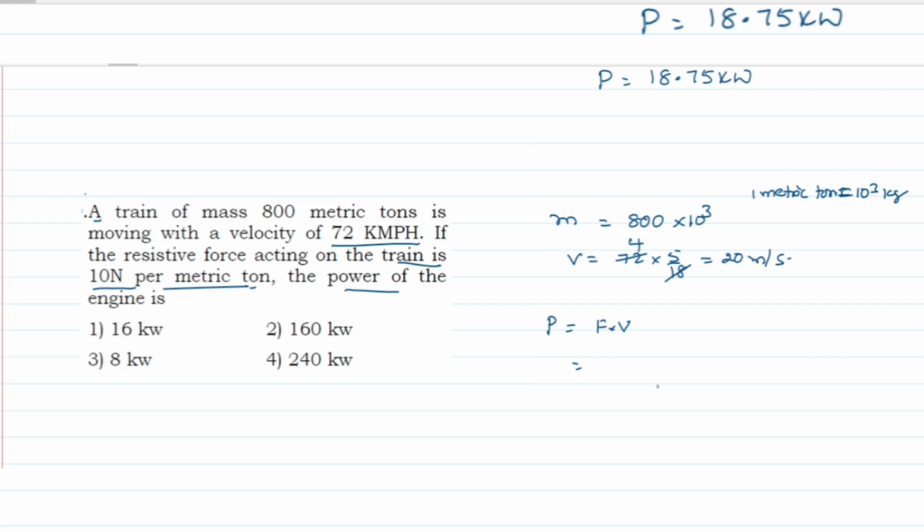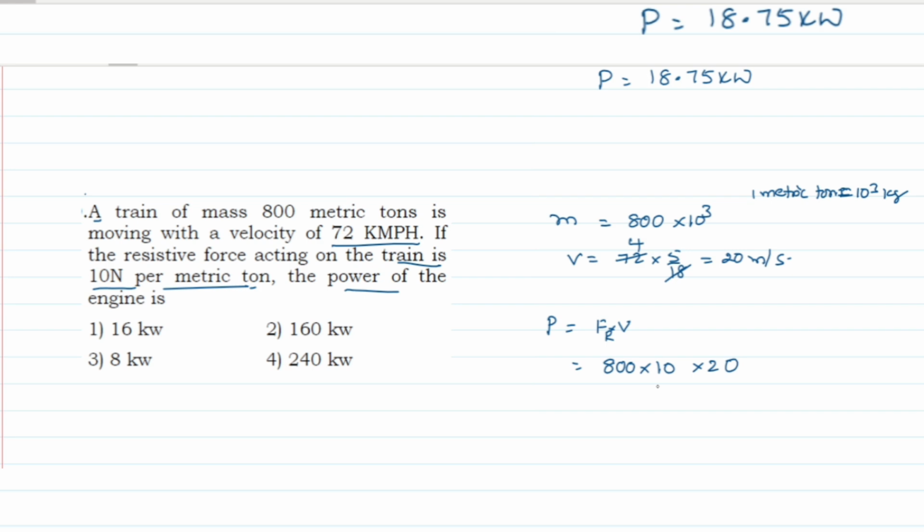So for 800 metric tons, the force value will be 800 into 10 newtons of resistive force. This is the resistive force into velocity. Velocity we will be getting as 20 meter per second.